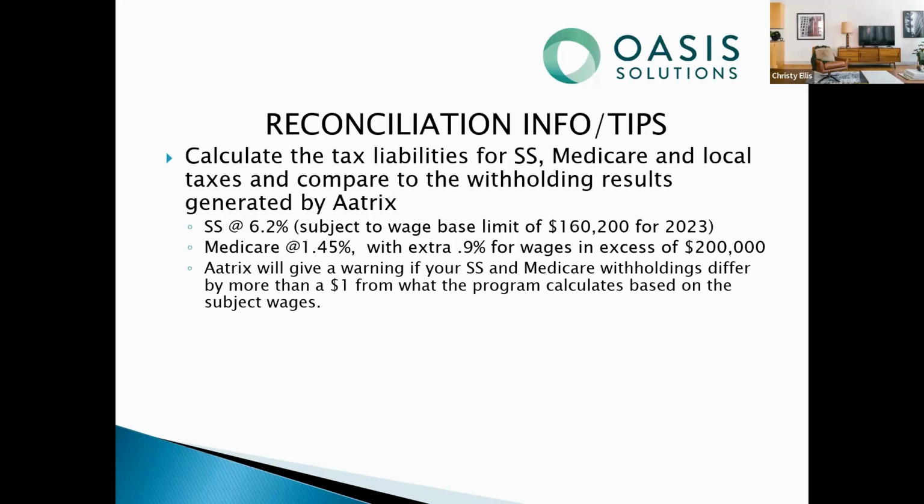So if you do those calculations and you see at some point you did have a variance, and depending on how significant it is, you may want to make an adjustment in your payroll for the final payroll of the year to make sure that you get that ironed out so that it doesn't cause you an issue when you're processing your W-2s.